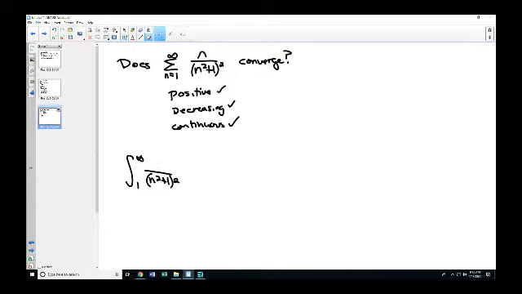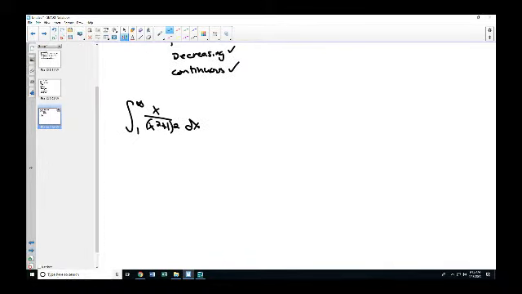And it helps if you change it to x's, so it's more in the form that we recognize.